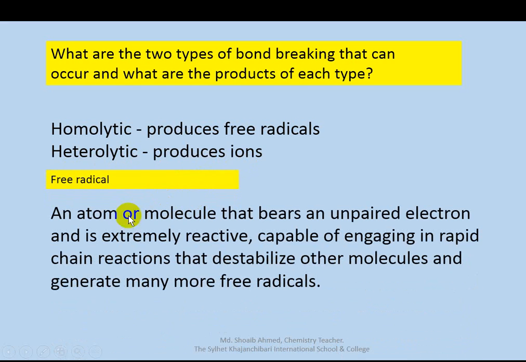A free radical is an atom or molecule that bears an unpaired electron. It is extremely reactive and capable of engaging in rapid chain reactions that destabilize other molecules and generate many more free radicals.